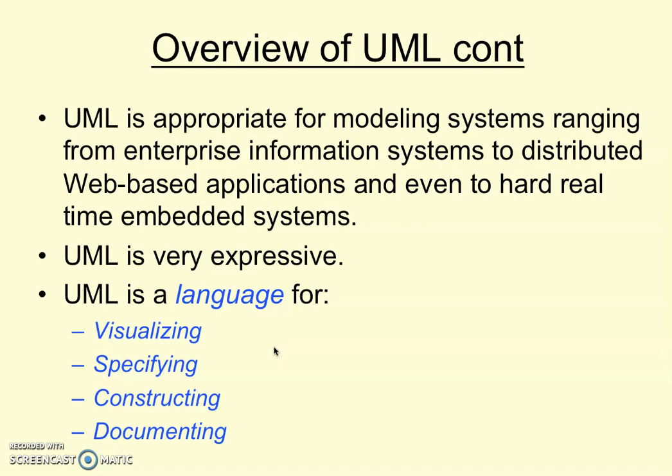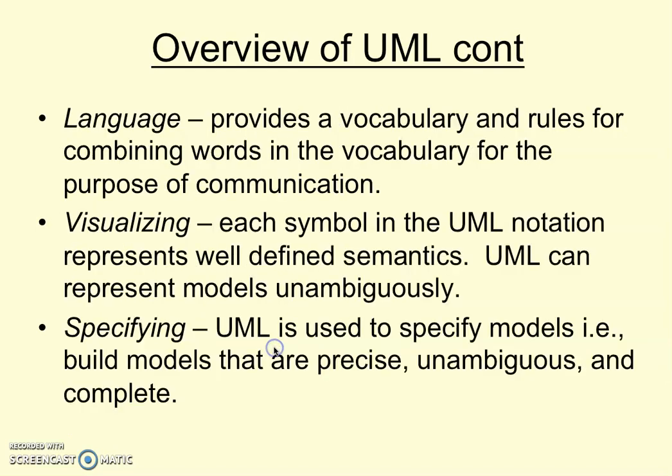Particularly as systems get larger and larger, we need some way of being able to understand the structure of the system better so that we can improve maintenance and updates and things like that. Now, UML does provide us with a number of different things that are really important. One is it provides us with a language for describing our system.